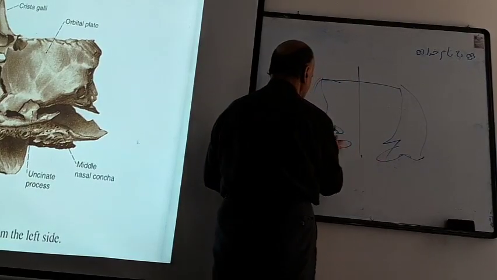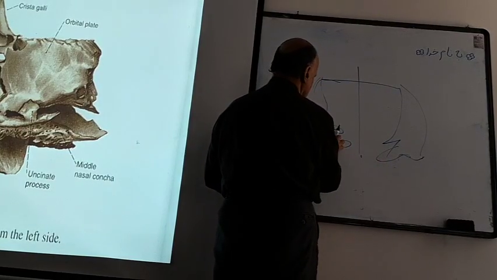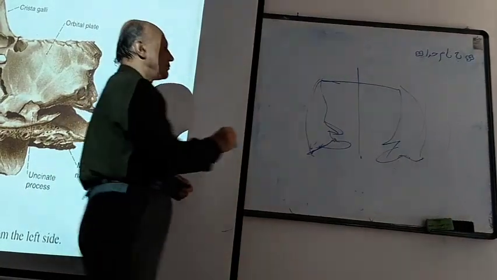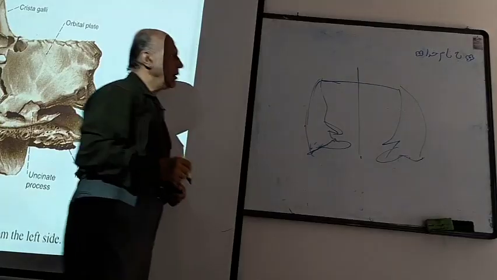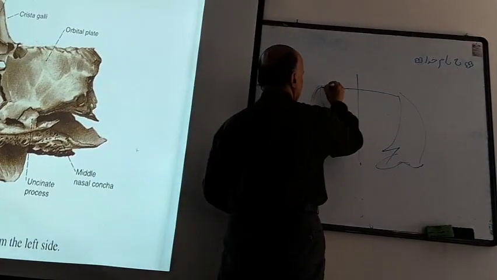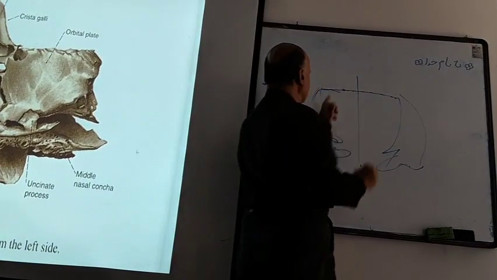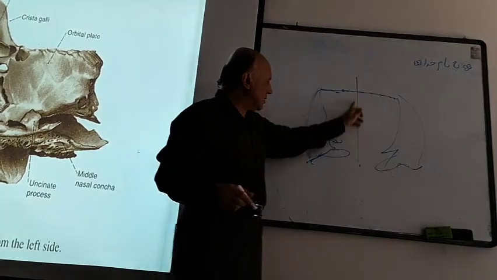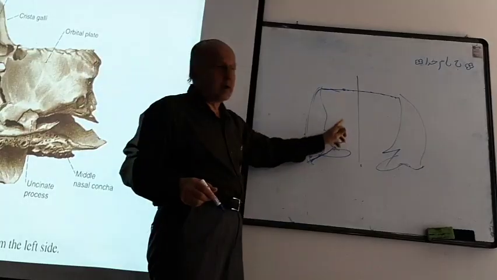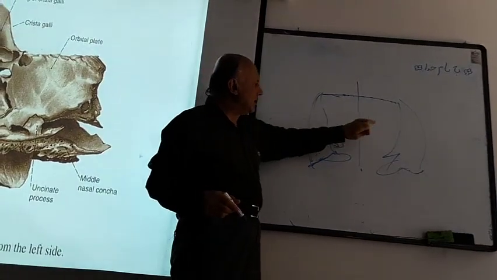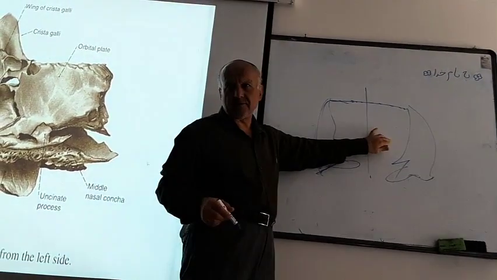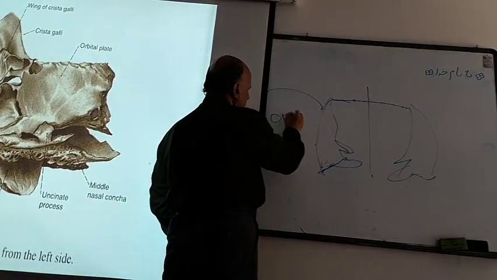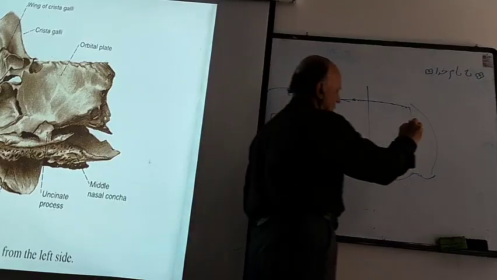This is cribriform plate. It's frontal section. This is vertical plate. Here is crista galli. Here is nose, nasal cavities. And here is orbit.